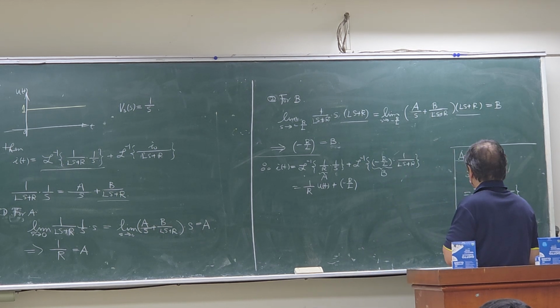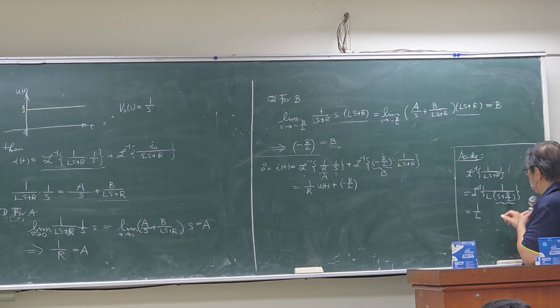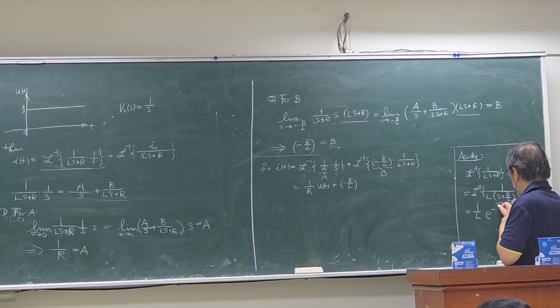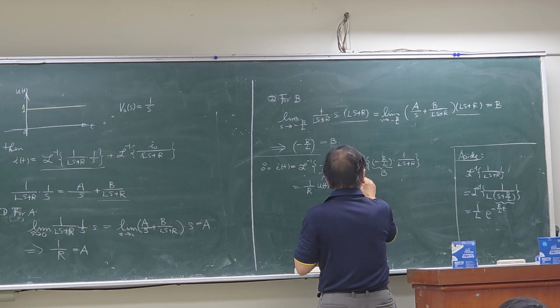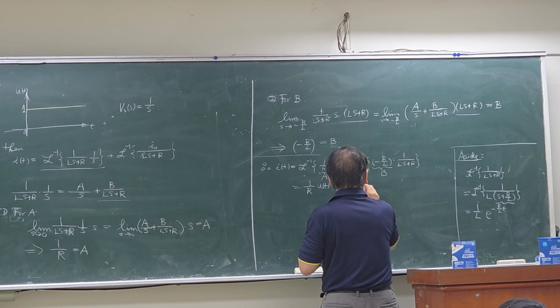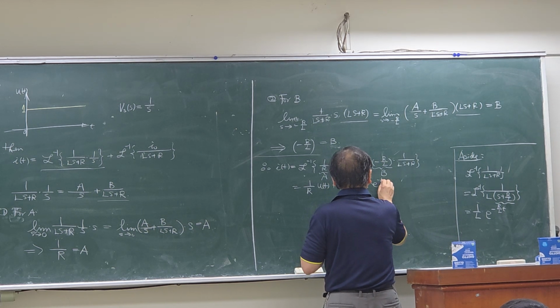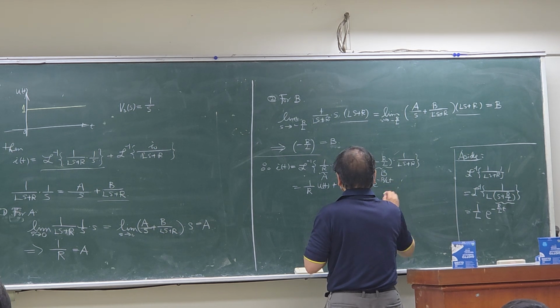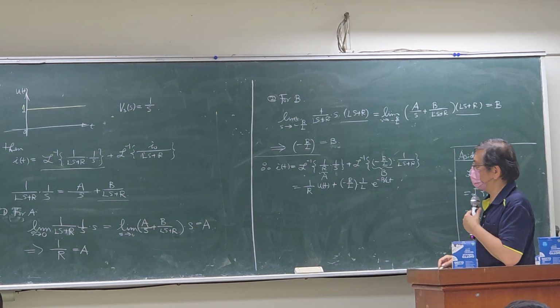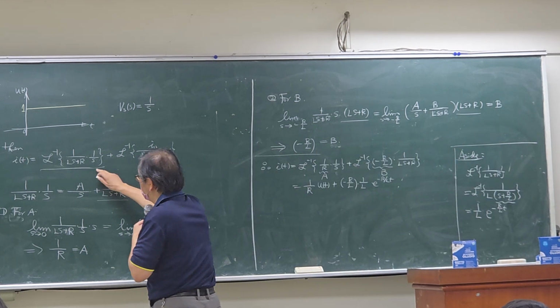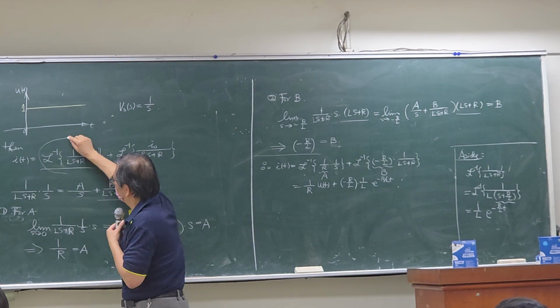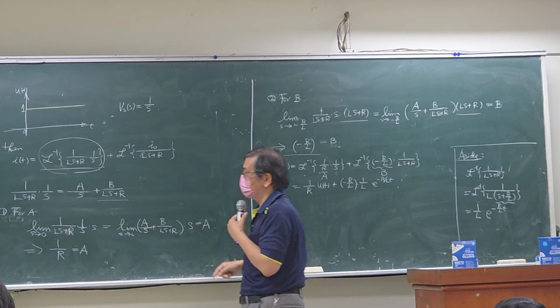So over L, and then the inverse Laplace transform is e to the negative R over L times t. So it's a combination of two terms. For the first, let's start from the input.